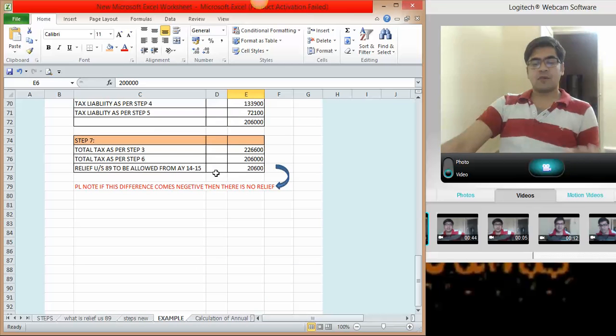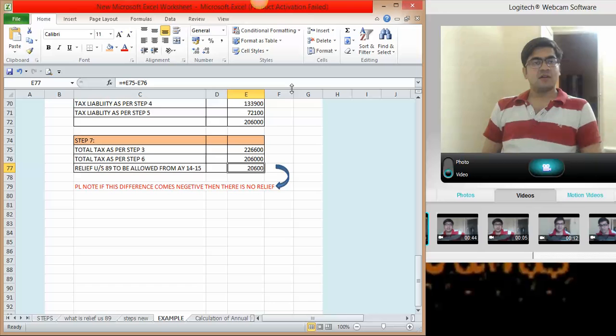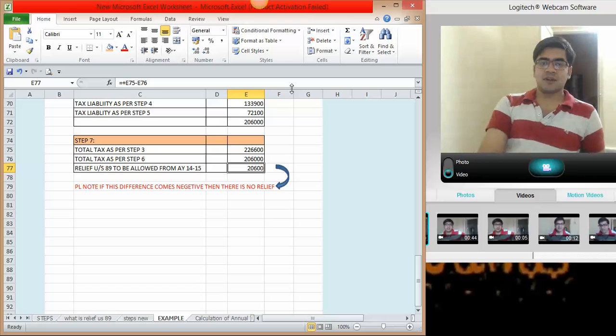One more thing I just wanted to point out: if the step 3 amount is greater than step 6, then only you will get the relief. If this figure comes in negative, or if it is less than step 6, then there is no question of relief at all. So let's say earlier you were in a higher tax slab rate, and in the current financial year you are in a lower tax slab rate.